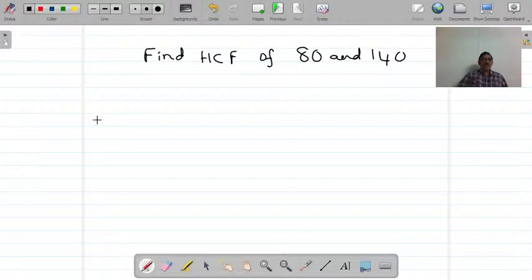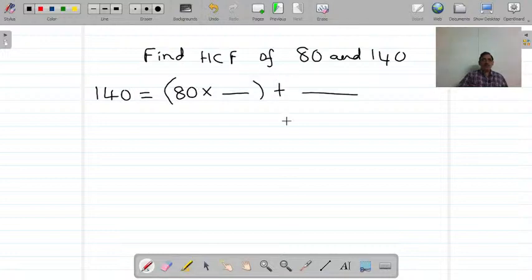So I will give you a clue here like the earlier one. First you can take 140 is equal to 80 into some value plus some value. First you try to find these two. Come on.